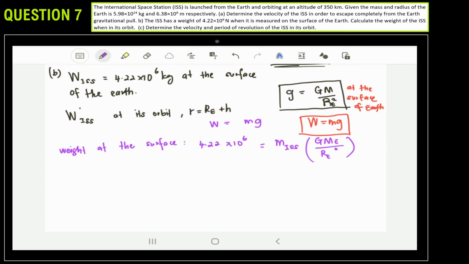Okay, so now for the second part, maybe we can try to solve first.